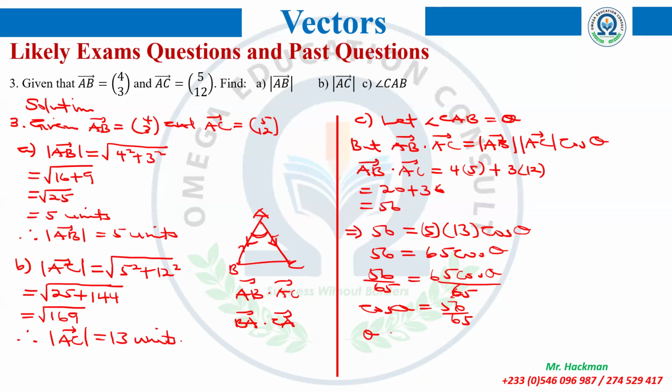So theta will be equal to cos inverse of 56 over 65. Do that for me.